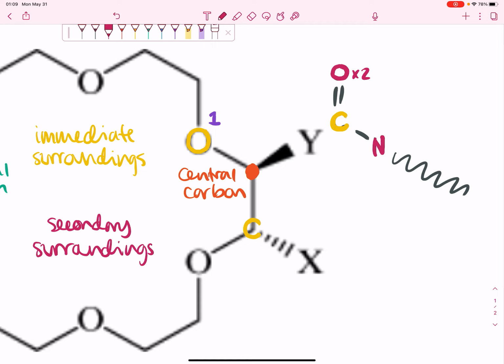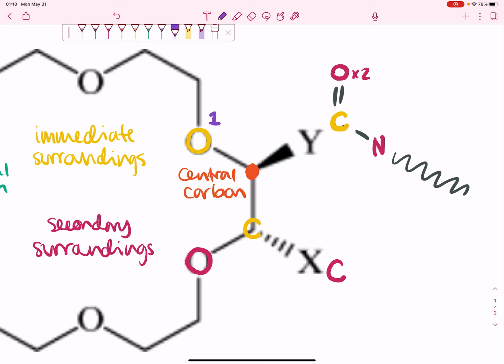Now in this carbon on the bottom, you have the oxygen, and then the X, the carbon of the carboxylic acid, so C. It's very easy to see that the amide wins in priority because this double oxygen would win right away, and then you add nitrogen onto that, which only increases its priority.